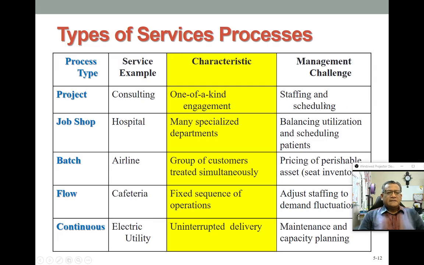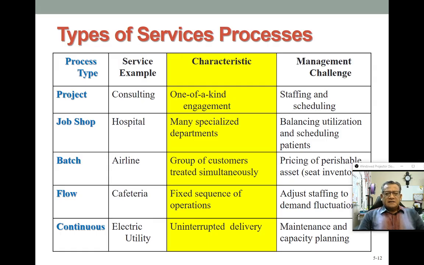schedule is very tight. For job shop, for example, like a hospital, because normally it goes with the flow process. It has many departments, and you have to balance between one department and the next. For example, in a hospital, normally you enter, you go to the receptionist, take your sequence number, and then you first need to withdraw blood for sampling.